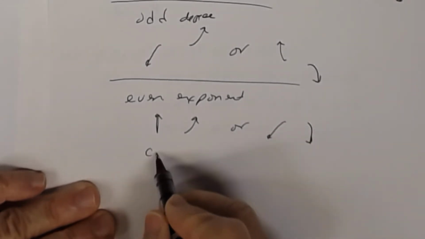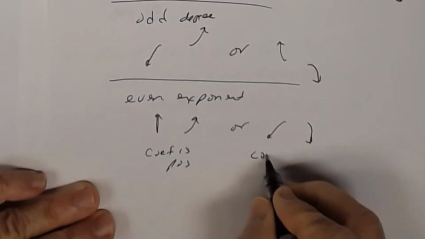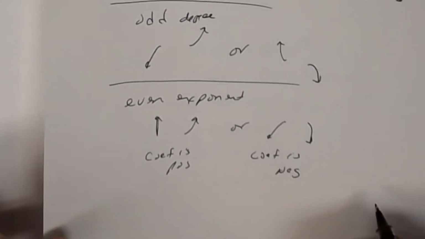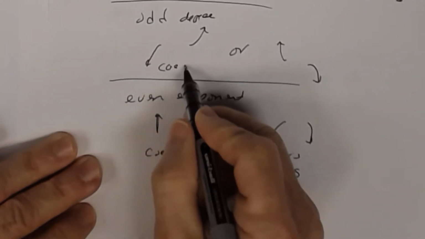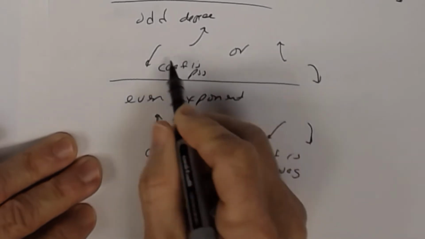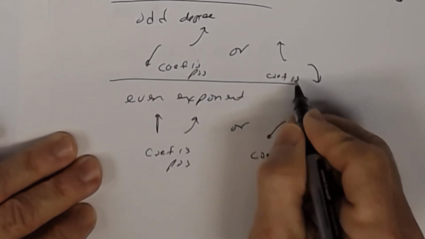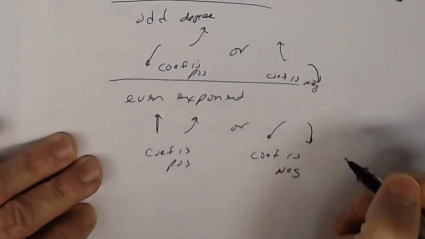So if the coefficient is positive, it points up. If the coefficient is negative, it points down. Okay? So here, for the odd degree, if the coefficient is positive, falls to the left, rise to the right. If the coefficient is negative, rise to the left, falls to the right.